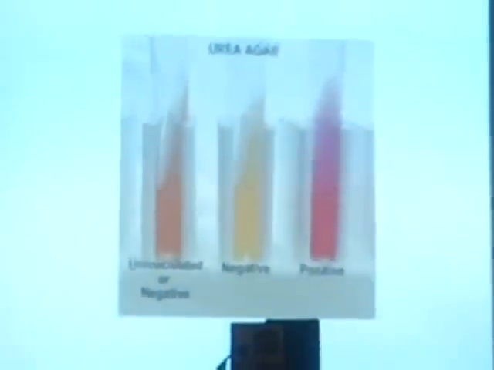Urea agar, uninoculated, negative, and positive. Positive, because of the production of urease, it breaks down urea into what? Into ammonia, and ammonia increases the pH and changes the color of this pH indicator. What is this pH indicator? Phenol red, the same as that in XLD, and triple sugar iron agar, and in regular iron agar.